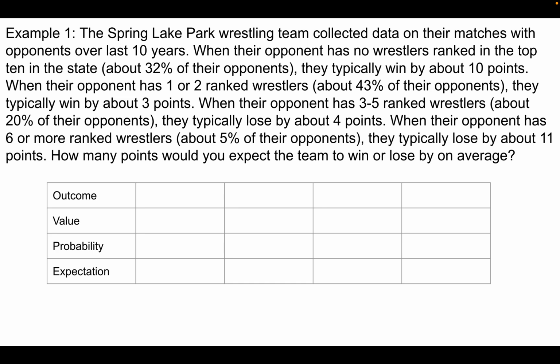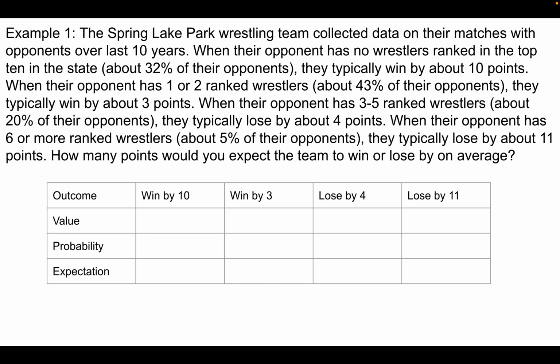When their opponent has one or two ranked wrestlers, which is about 43% of their opponents, they typically win by about 3 points. When their opponent has 3 to 5 ranked wrestlers, about 20% of their opponents, they typically lose by about 4 points. And when their opponent has 6 or more ranked wrestlers, which is about 5% of their opponents, they typically lose by about 11 points. How many points would you expect the team to win or lose by on average?